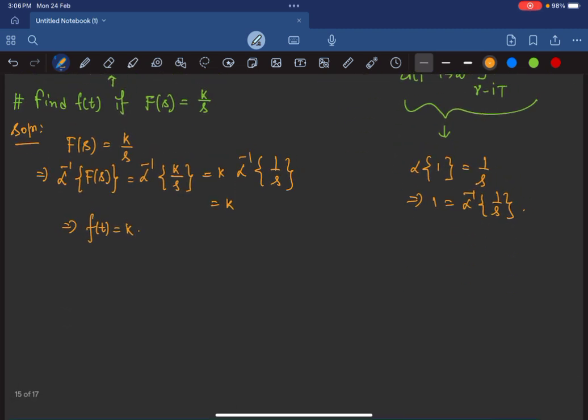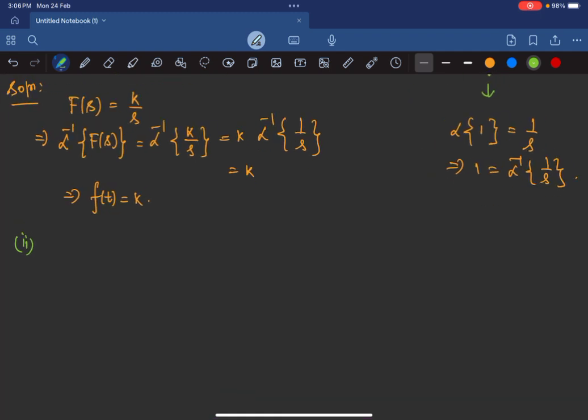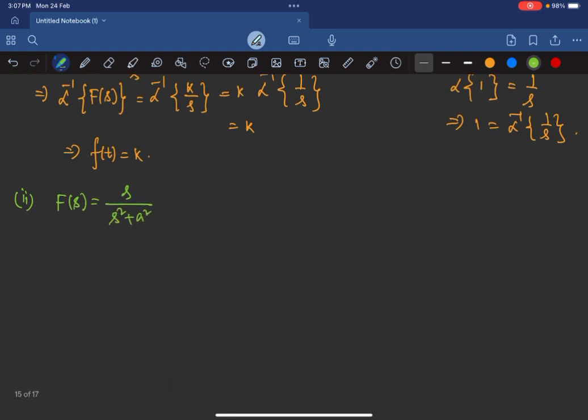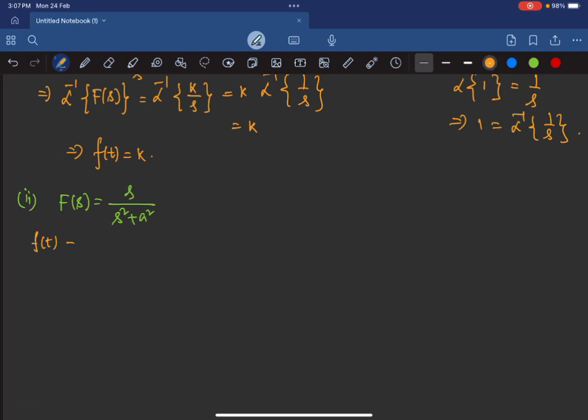Suppose this was the first function; suppose for the second function I am writing F(s) equals s by s square plus a square. Directly, the inverse Laplace, that is f(t), is L inverse of F(s), meaning L inverse of s by s square plus a square, and you know that the function whose Laplace transform is this is cos at.